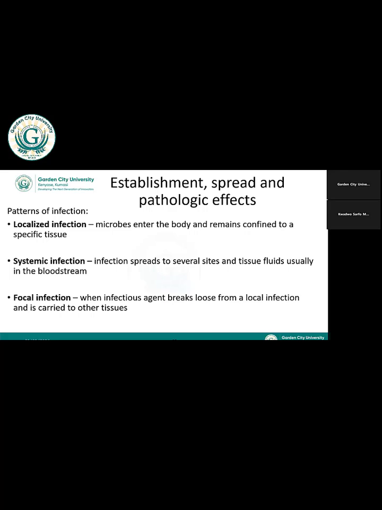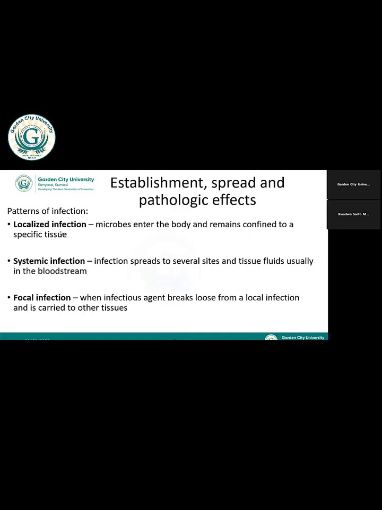And usually you find them in the bloodstream or the lymphatic system. So this is termed as systemic infection. So spreading from tissues to organs and then affecting the system. The system is made up of organs of different types that perform the same function.